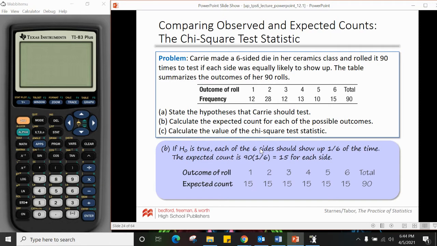The probability of getting a 1, we'd expect to be 1/6 because we expect this dice to be fair. So it would be 1/6 times 90 for the first expected count. The expected count for rolling a 2 would also be 1/6 times 90, and so forth. Since in this case all probabilities are equal, the expected counts are going to be equal for all of them.